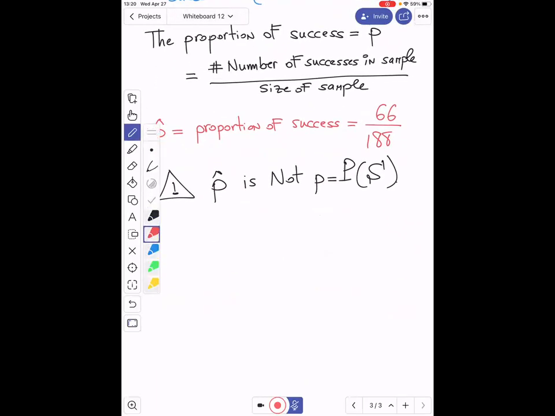All right, let me give you another example. Example 2.